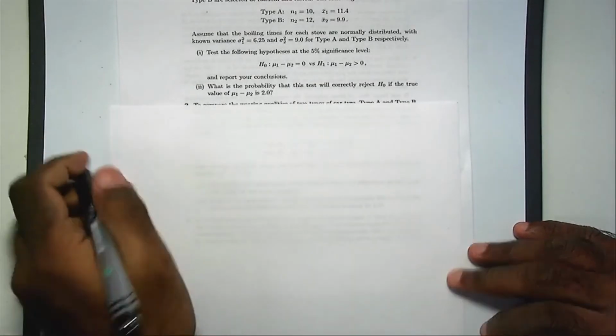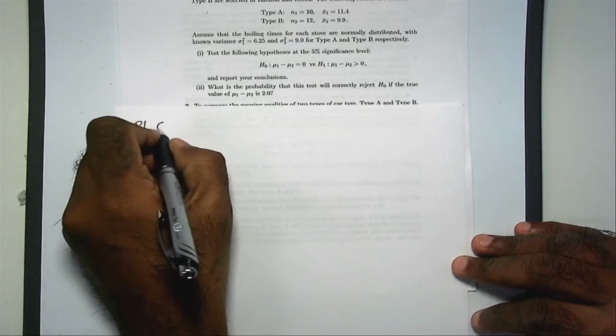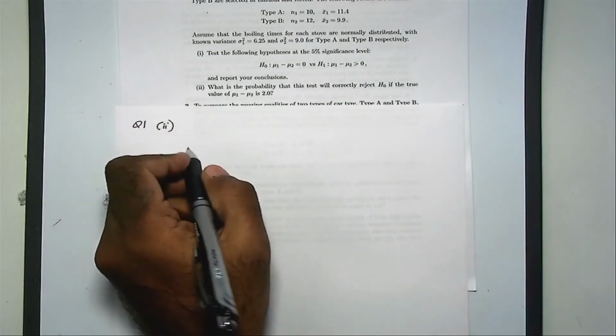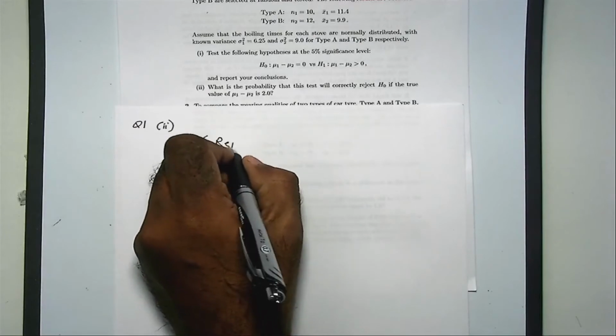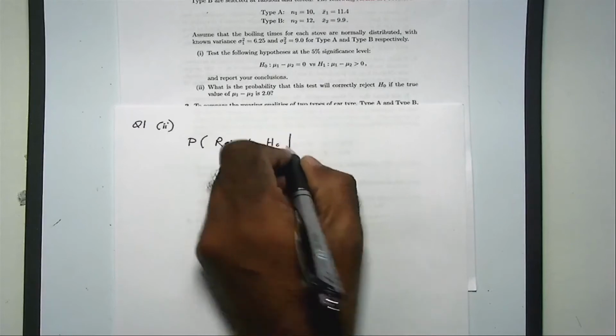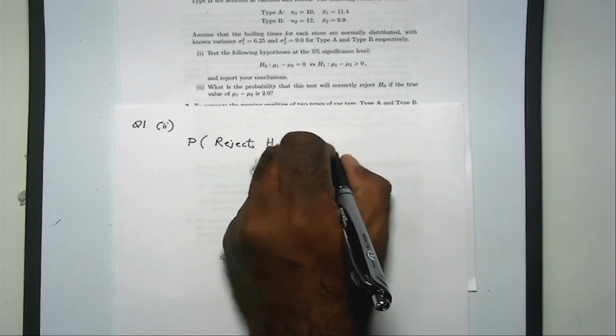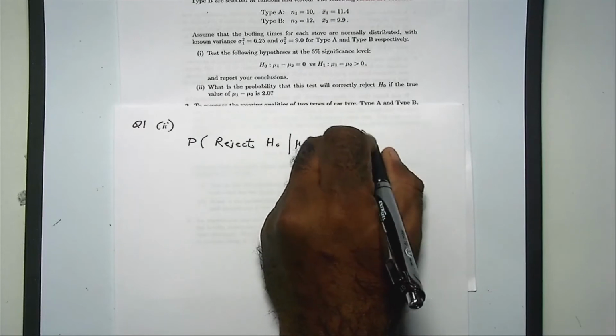So this is question 1, part 2. We are looking for the probability of rejecting the null hypothesis when the difference between the two population means is equal to 2.